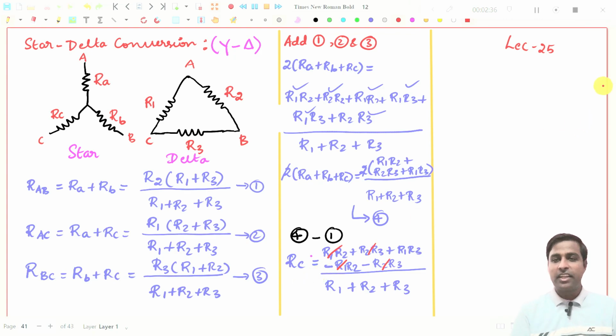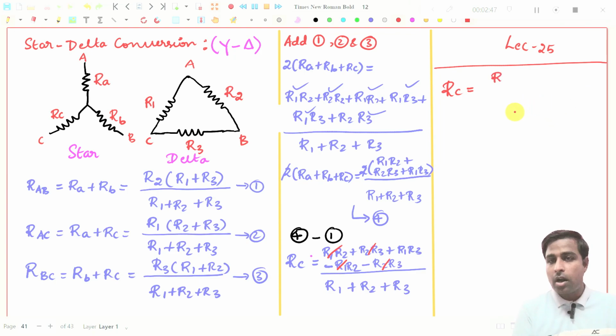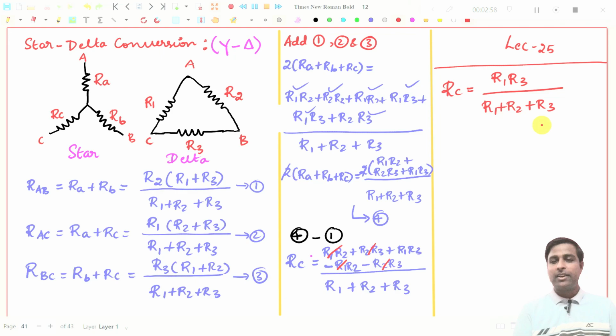And finally you will get RC equal to R1 R3 divided by R1 plus R2 plus R3, right? So this is the final expression. This will be marked as 5, and this is the RC expression.